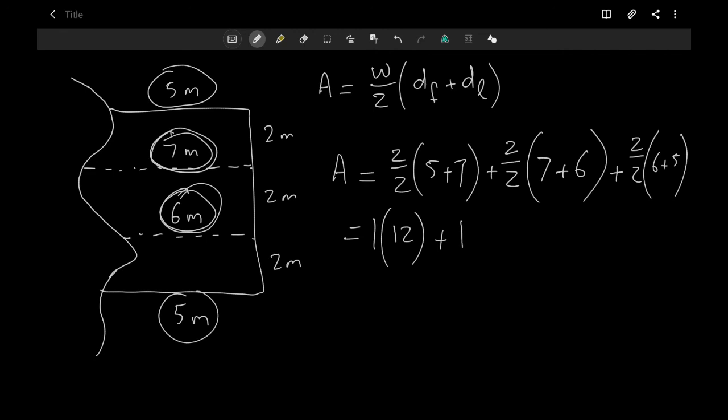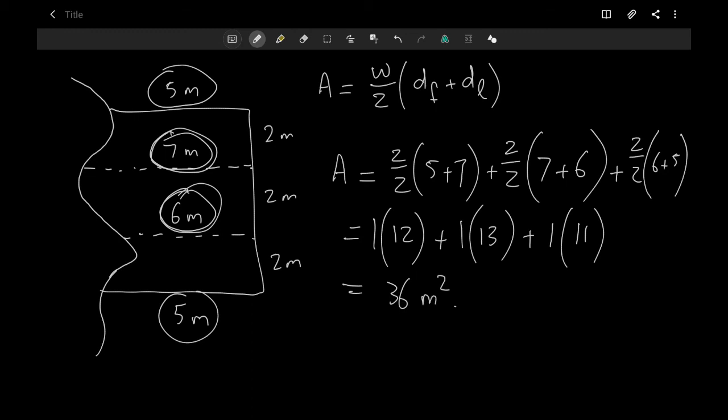Again, 2 over 2 is 1, 7 plus 6 is 13. Plus, last one, 6 plus 5 is 11. So we put all that into calculator. So we have 12 plus 13, which is 25, plus 11, which is 36 meters squared.